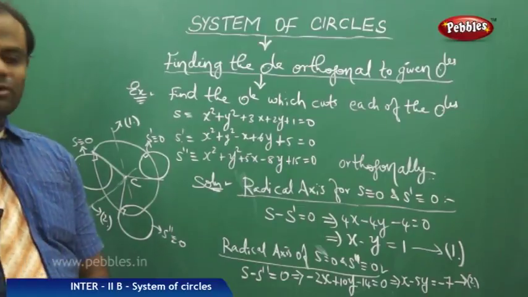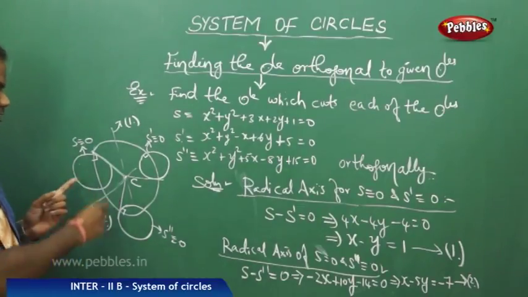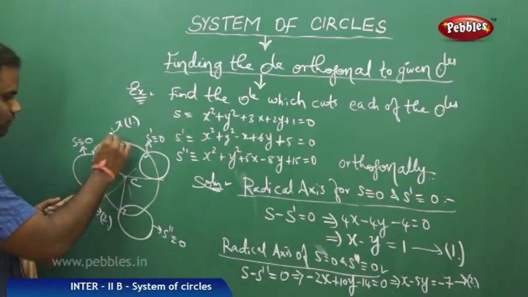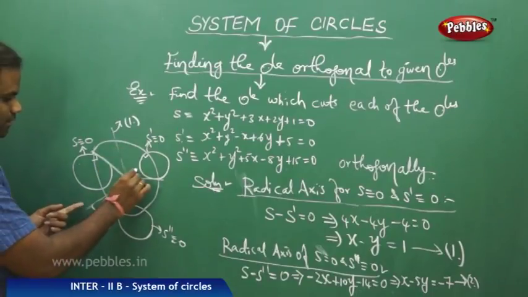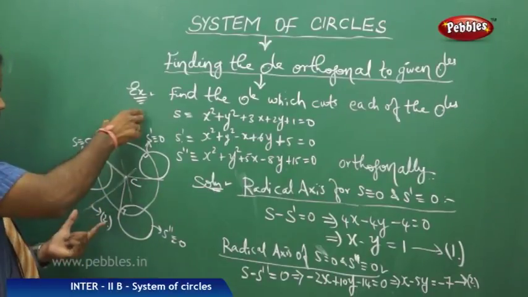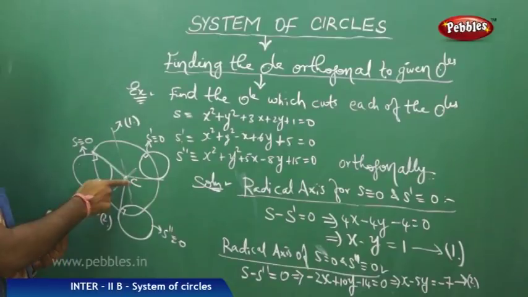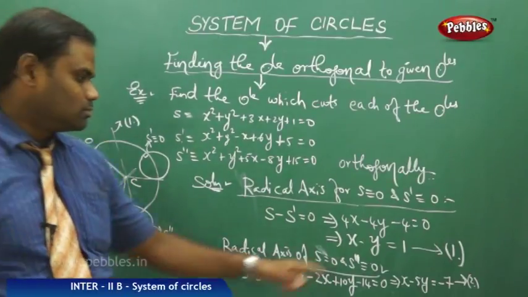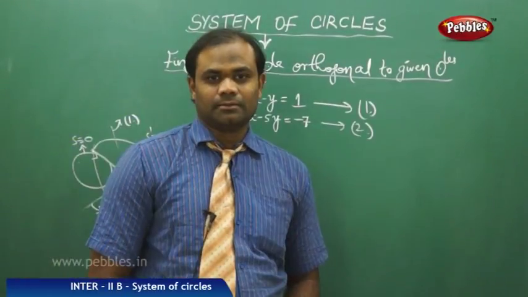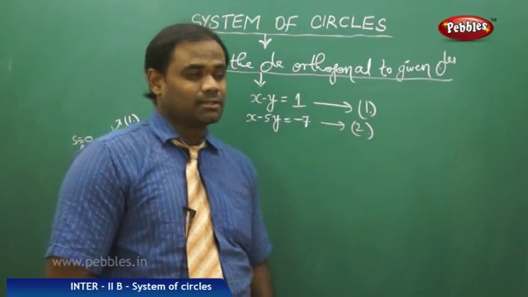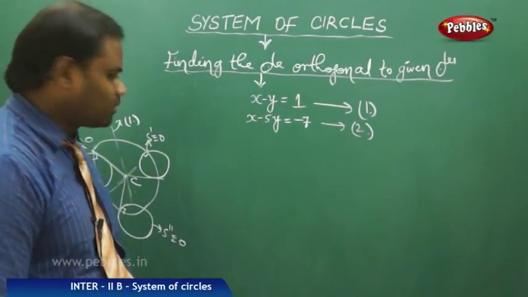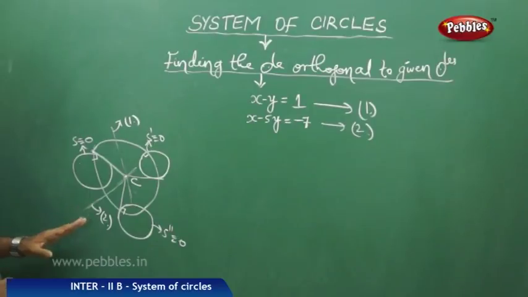Now the question comes on finding the radical center, which is nothing but the intersection of this radical axis and this radical axis. So solving 1 and 2, I get the point of intersection C through the elimination method. Now let's find the radical center by solving equation 1 and equation 2.